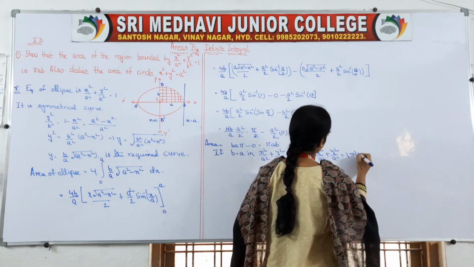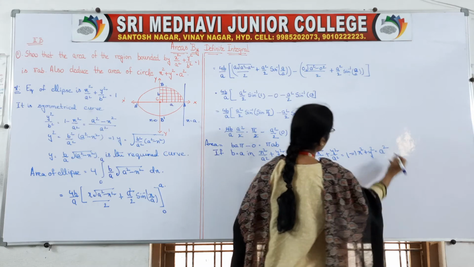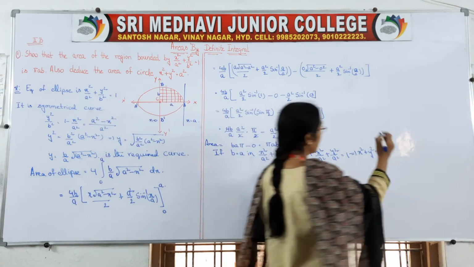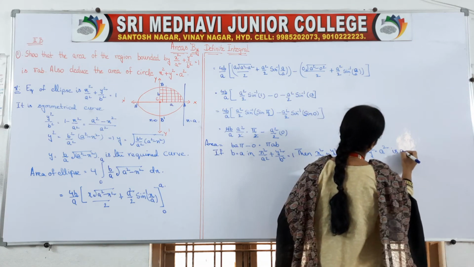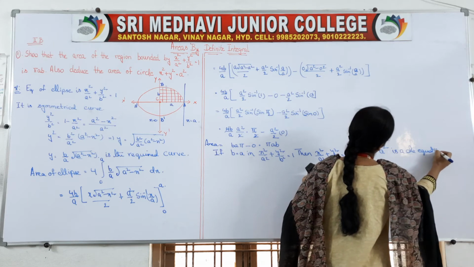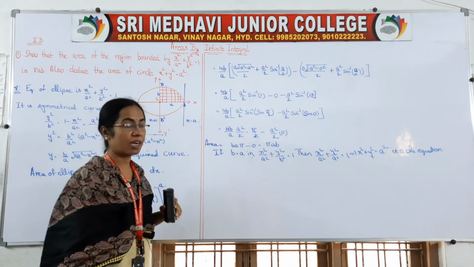So it is nothing but x square plus y square is equal to a square, a circle equation, right. You know it very well. Then we have to find the area.